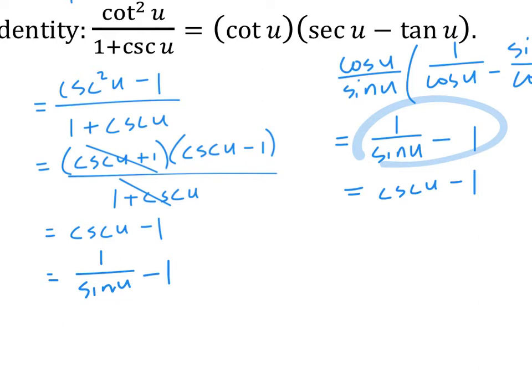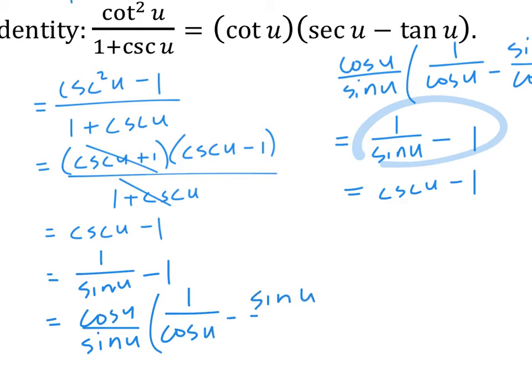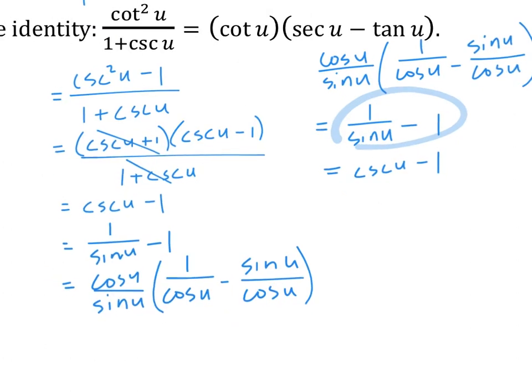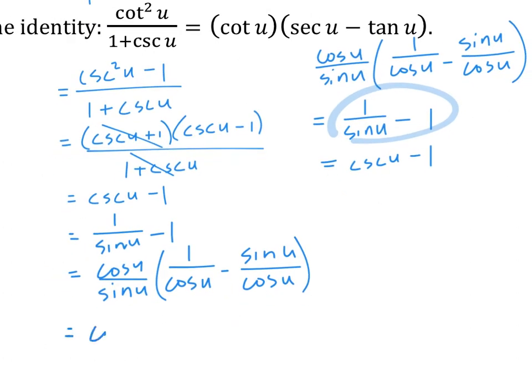And then the next step is this step that I don't think anybody would be able to figure out on their own. This is quite complicated. Nobody's going to think in that direction. But now that we figure out the answer, we're going to do that. And then the answer is cotangent u times secant u minus tangent u.